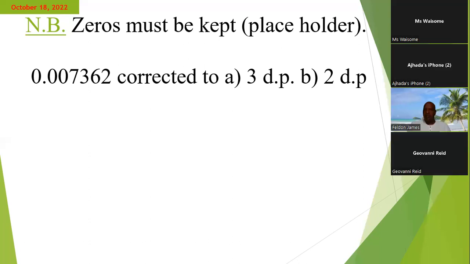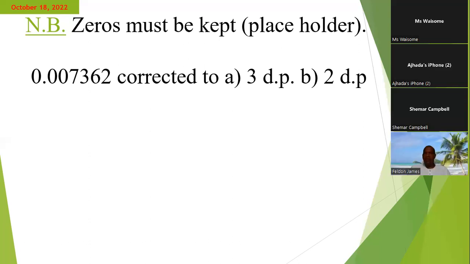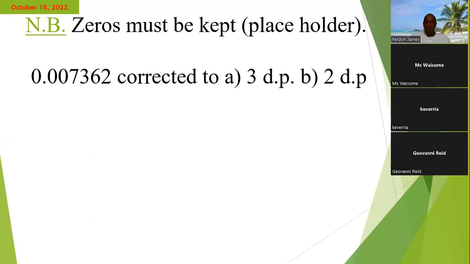All right, Mr. Reed, you sound a little doubtful. What is it that you're not sure about? The zero, sir. All right, so for decimal places, it doesn't matter if you even have zero coming after the point.